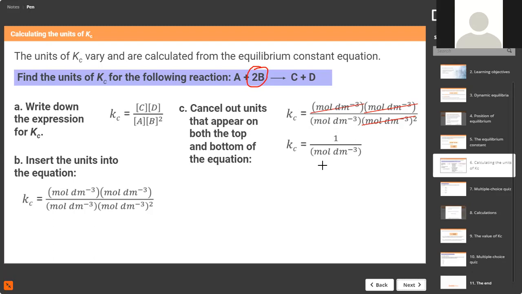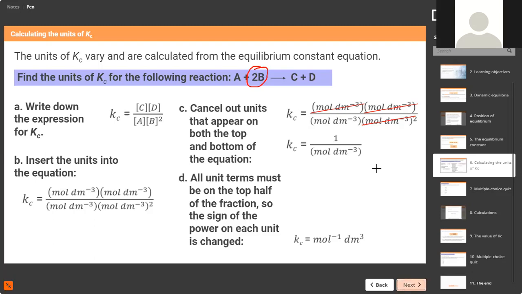So it's 1 over moles per decimeter cubed. Therefore, all unit terms must be on the top half of the fraction, so the sign of the power on each unit is changed. We have a power of -1 on moles and on decimeter cubed, so it's moles^-1 decimeter cubed, and that is really important.